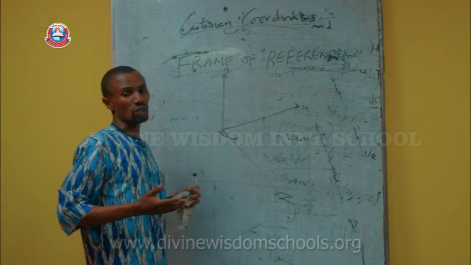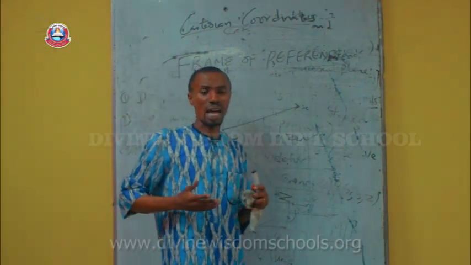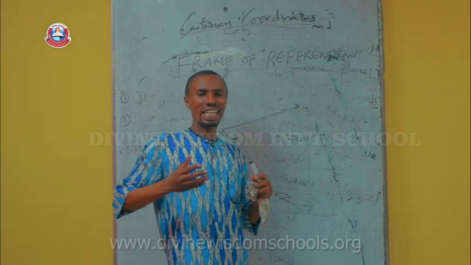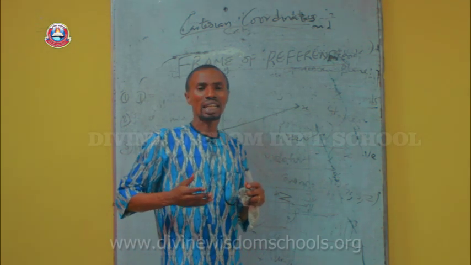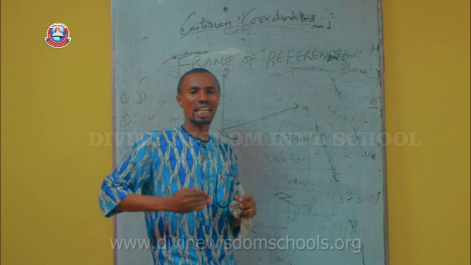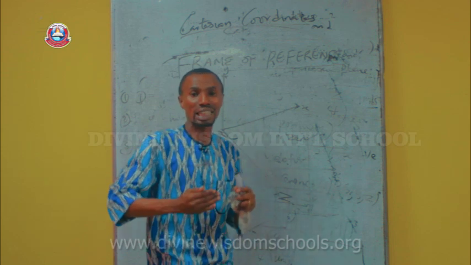Now, on the earth, when we talk about the frame of reference of the earth, we refer to the inertia. Inertia simply means the state of rest. That is, anything can begin at that point.